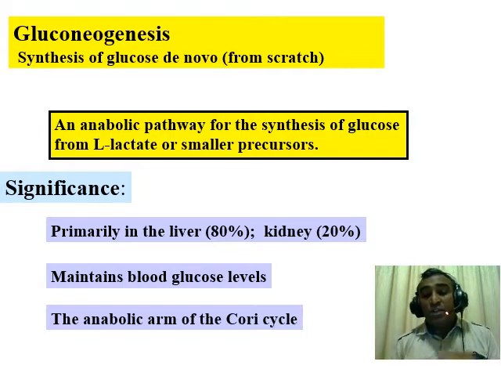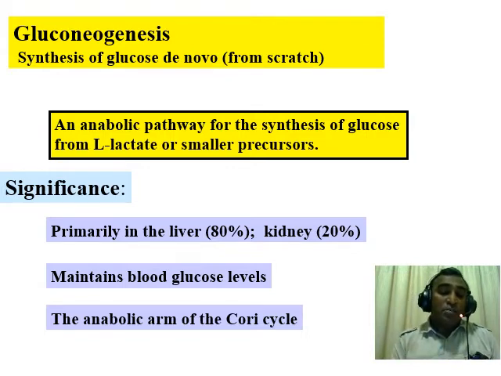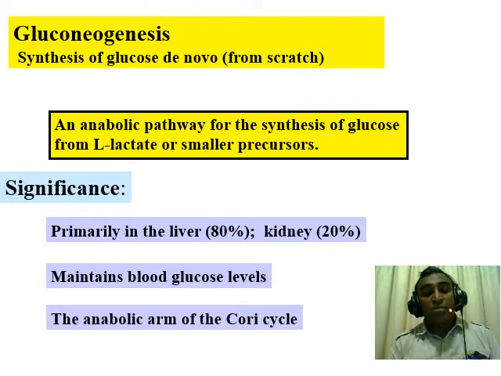Therefore it needs to be secreted into the bloodstream, and the Cori cycle begins by taking all the lactic acid from the myocyte and red blood cell to the liver, and then by gluconeogenesis the lactic acid is converted to glucose, and the glucose is dumped into the bloodstream and brought back to the muscle cell. So that's basically the Cori cycle, and gluconeogenesis plays a main role in the Cori cycle itself.